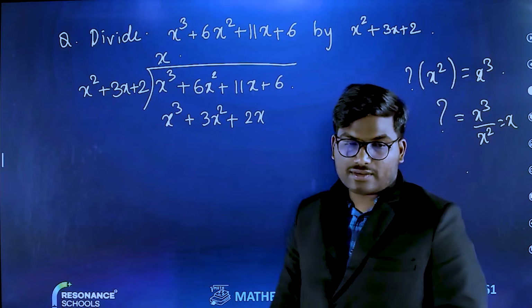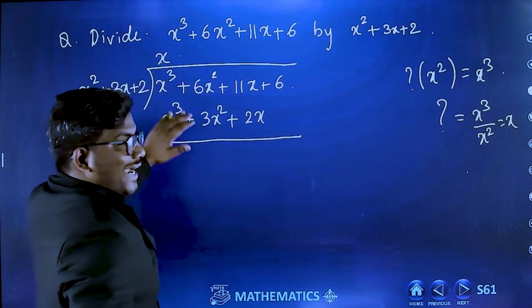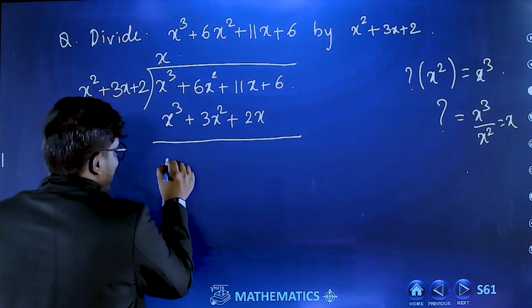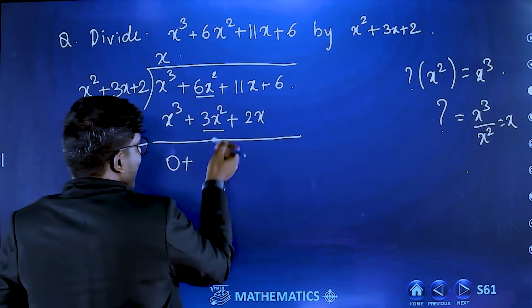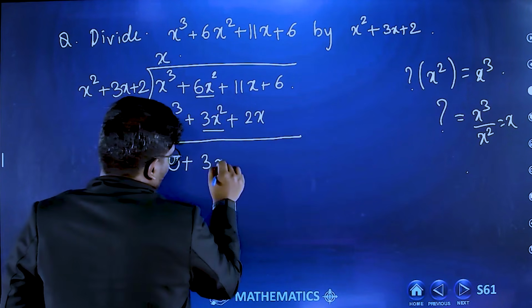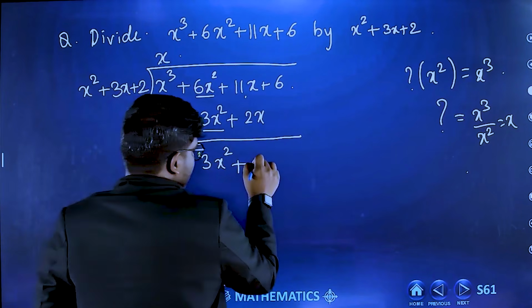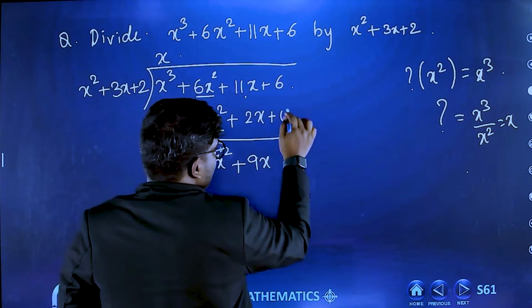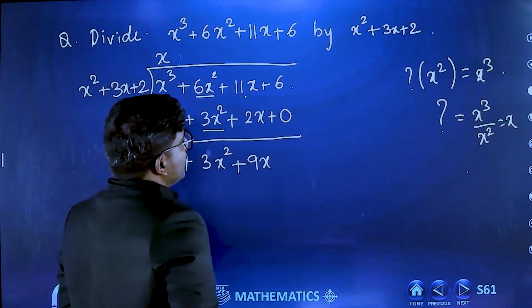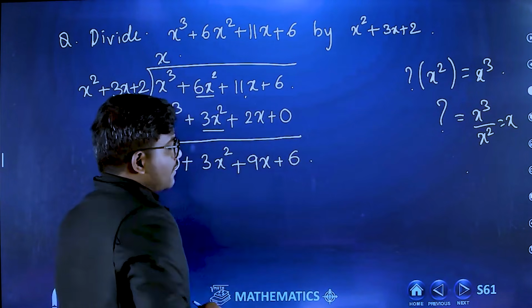Now we need to subtract this. x cube minus x cube will be 0. 6x square minus 3x square will be 3x square. 11x minus 2x will be 9x. If there's nothing here, it's assumed to be 0, so 6 minus 0 is again 6.